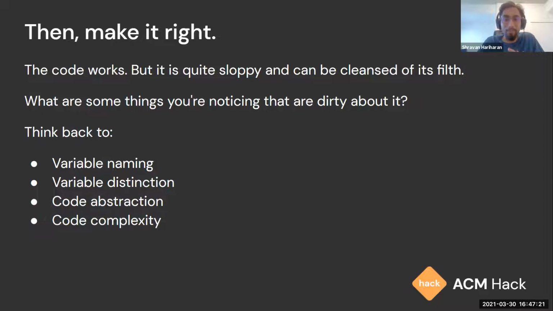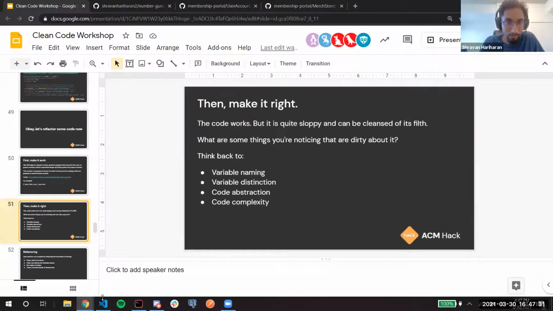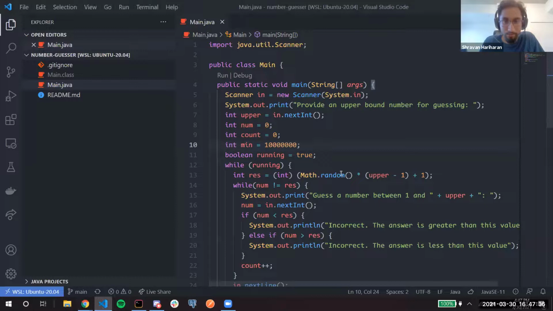But it is quite sloppy and has to be cleansed of its filth, right? So let's think about what things we notice that are dirty about it. Let's go back to our code and make sure to think about variable naming, distinction, abstraction, complexity, all that kind of stuff. So any takers, what do you see that is filthy about this code?